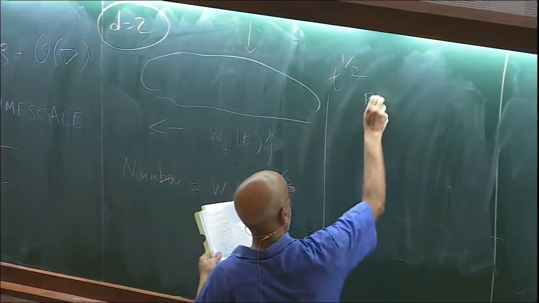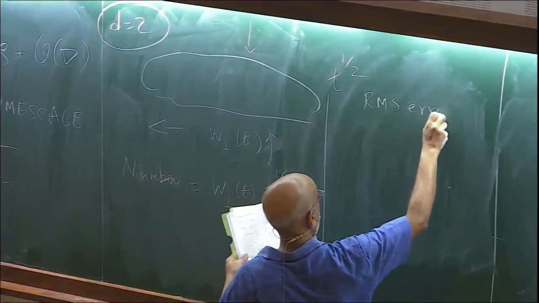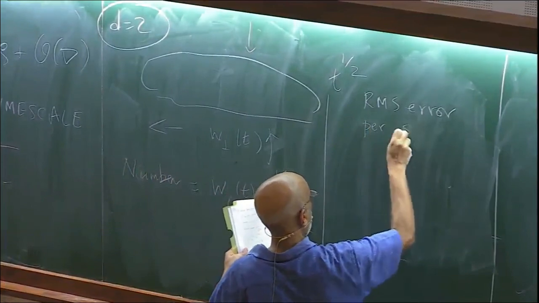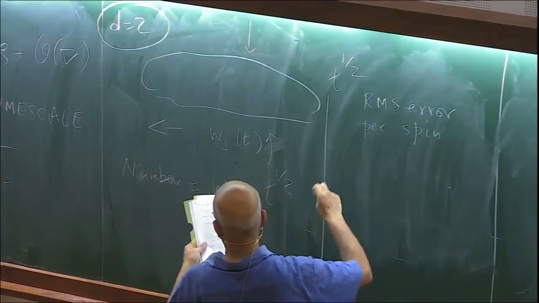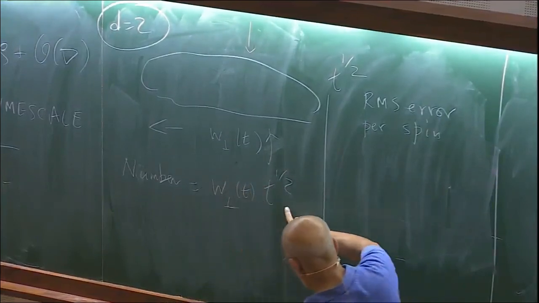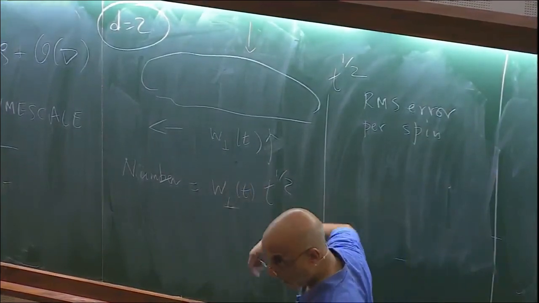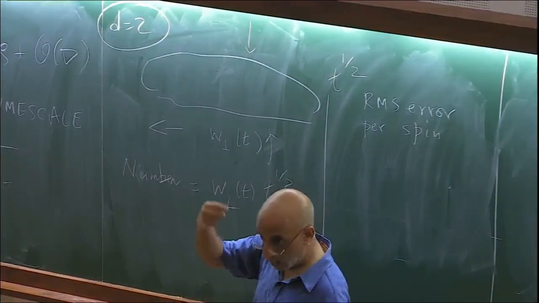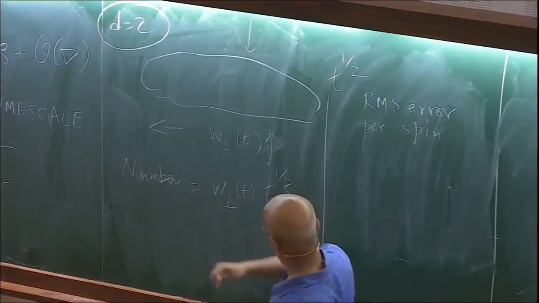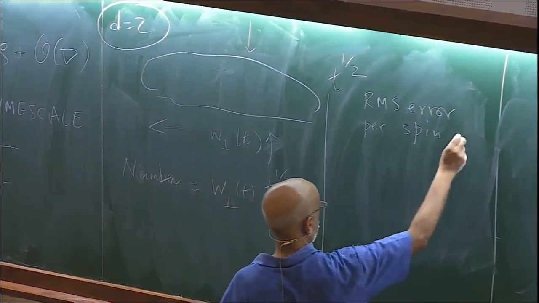The RMS error per spin will be this guy, which is the number of spins, times t, because in a time t, each spin will make on the order t errors.